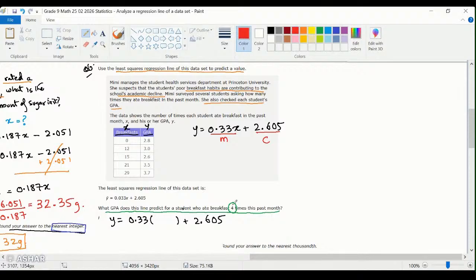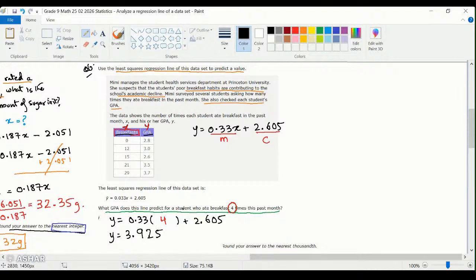4 times. They're saying a student who ate breakfast 4 times. So we simply, because breakfast is represented by the value of x, right? So what we can say is 0.33 times 4. 0.33 times 4 would be 1.32. 1.32 plus 2.605 would be 3.925.